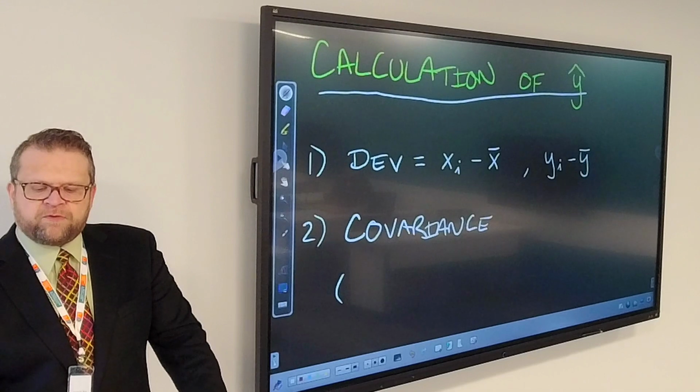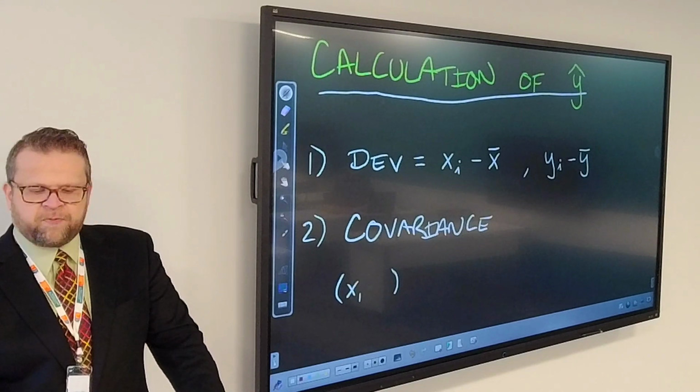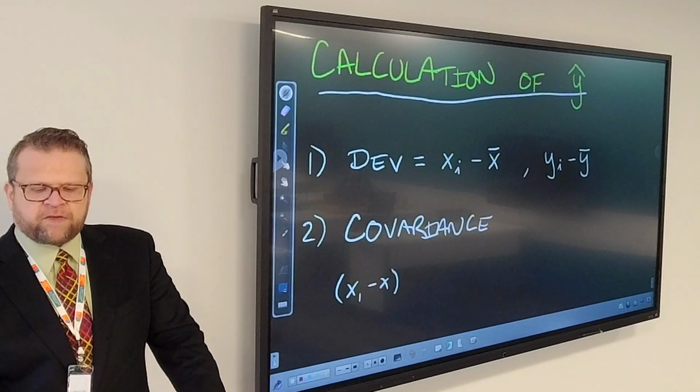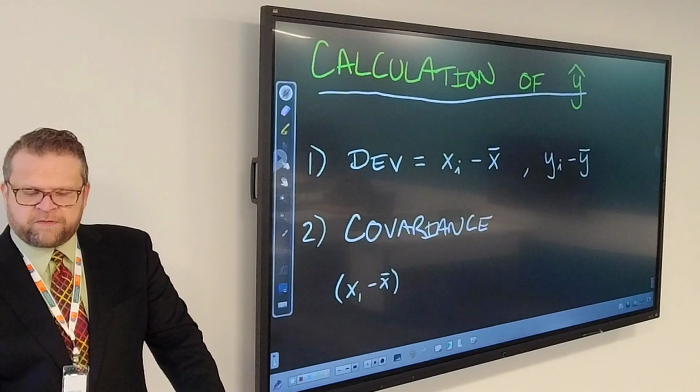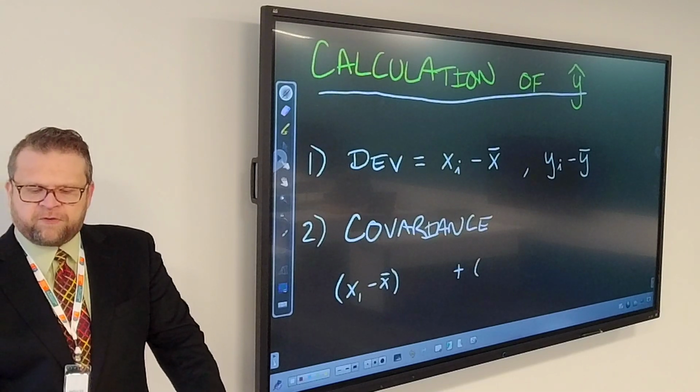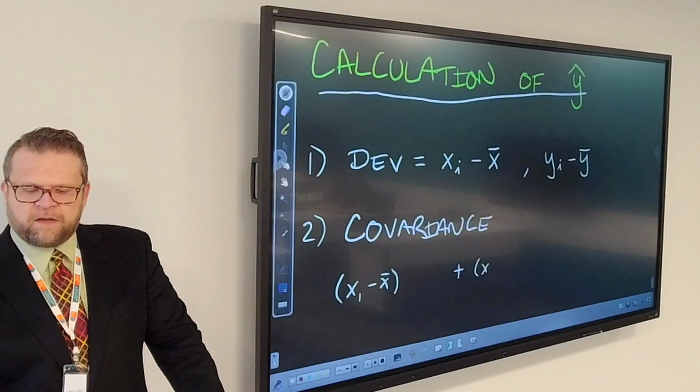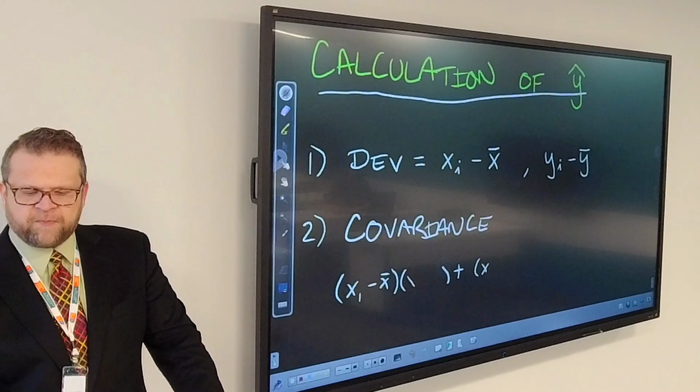Because for the variance, you would have said, okay, I have the first data point and I subtract away x bar, and you would have squared it, and you have your second one. Here, I'll write it like this. Instead of putting the 2 for the squared, I'm just going to put the same thing multiplied again.